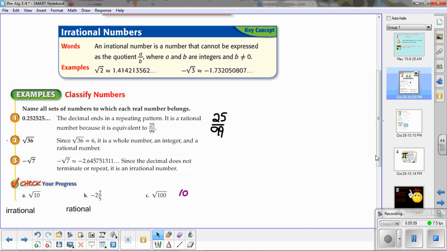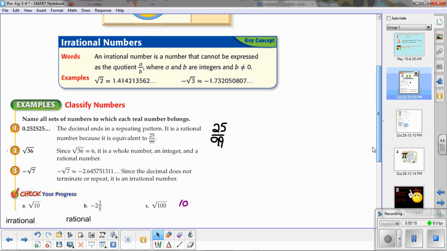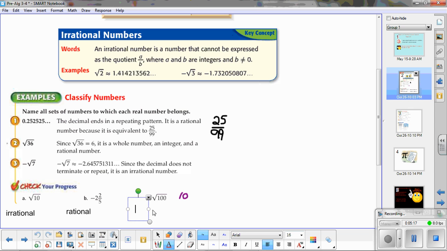Not only is it a rational, it is also a whole number, which means it's also an integer. So this one right here is going to be rational. It's a whole number, and it's also an integer.